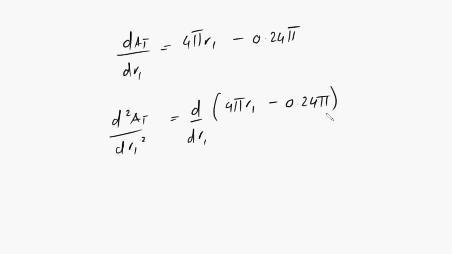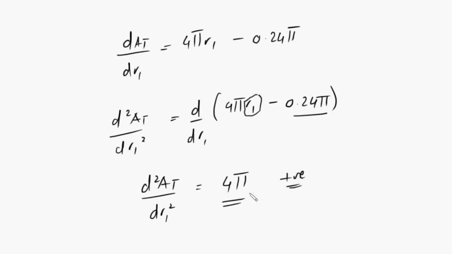So my second derivative is going to be equal to, I derive this one, it's 1, so I get 4 pi. This is constant, it's just 0, so it's just 4 pi. So 4 pi now is positive, and there is no r1. So of course that 0.06 will give us the most minimum total area.